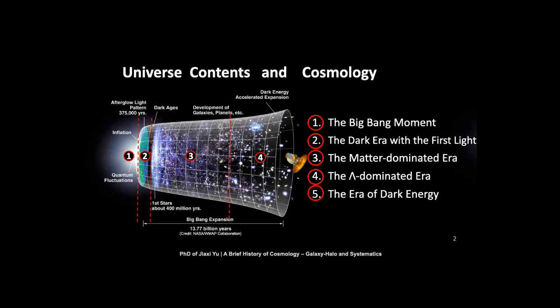Then we have the matter-dominated era, then the lambda-dominated era, and then maybe today is the era of dark energy, because that's what we try to understand these days in cosmology. Those eras are periods in the time of the universe, but interestingly, they're also periods in the human development and understanding of cosmology.